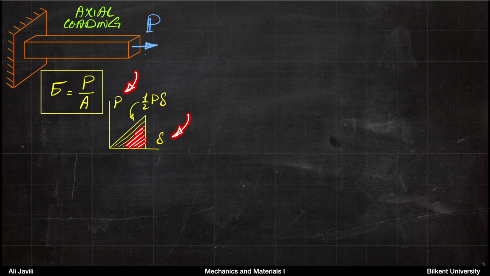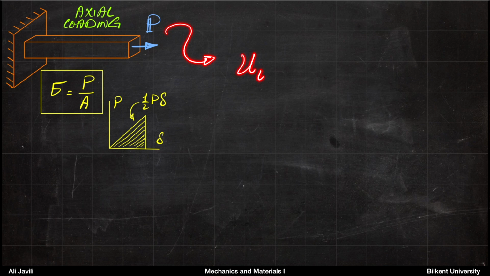So the work would be 1/2 of P delta. Now, if you remember for this case, it's a normal strain case.